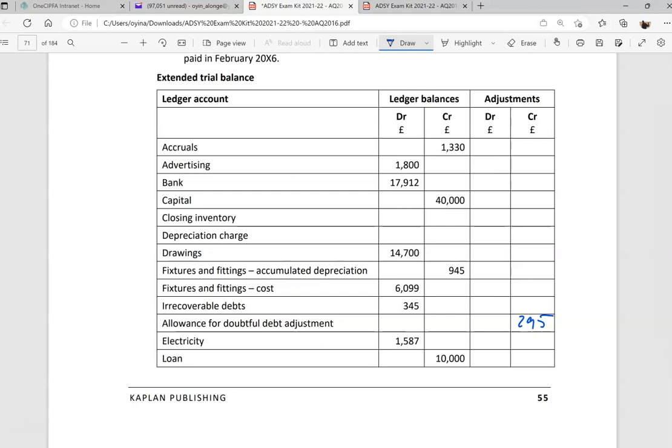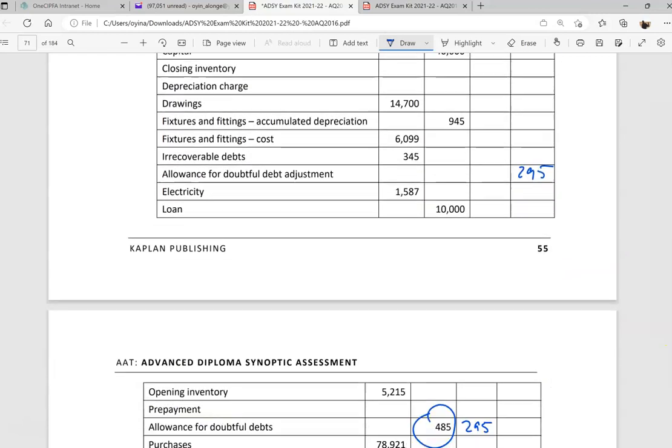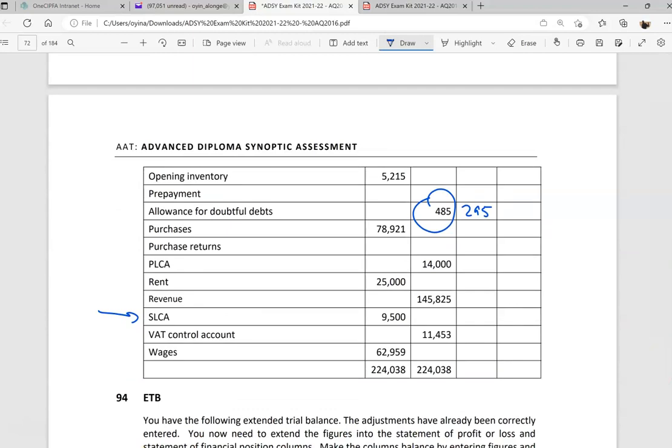That will lead to a net situation where, if you carry further on, your balance carried down on your allowance will be 190 when you finally arrive at that. Okay, so that's the first adjustment.